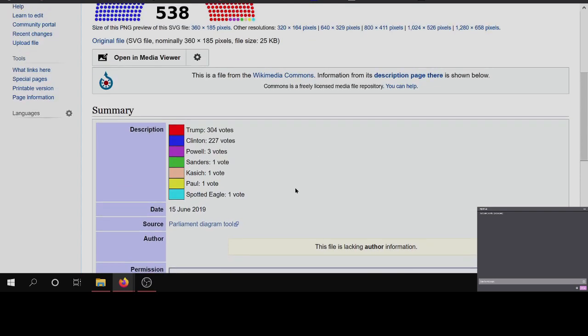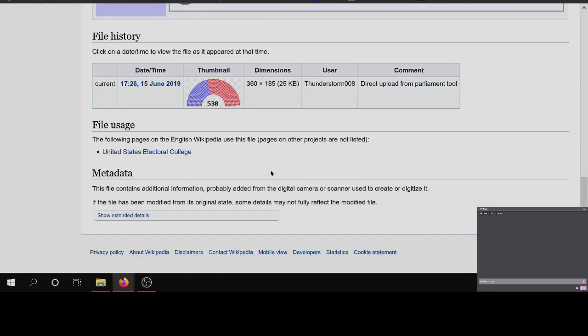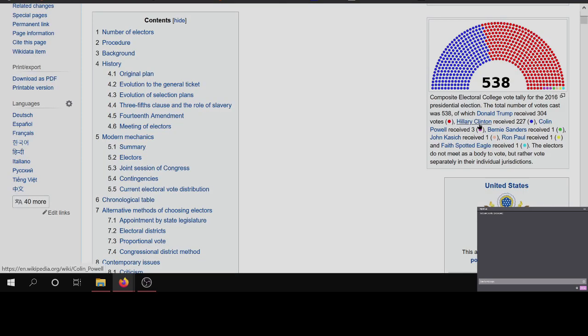So this will be our legend. So Sanders, Kasich, Paul, Spotted Eagle, all down here, along with Trump and Clinton from the last election. Alrighty, so it will have these contents here. There's that person, these persons. So a bunch of old people.